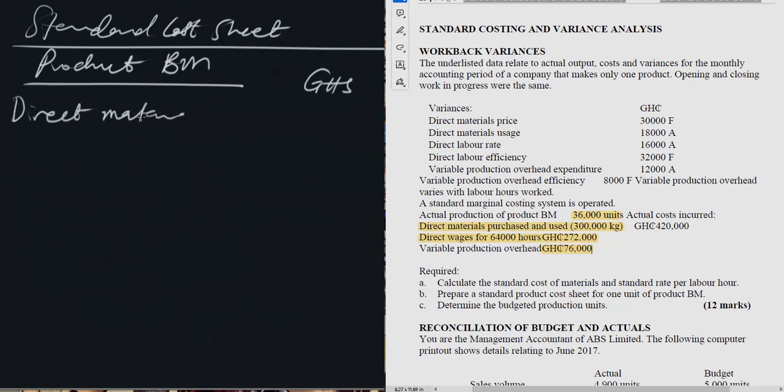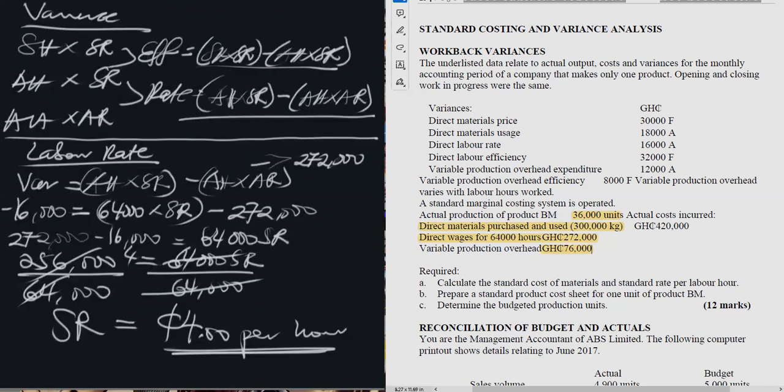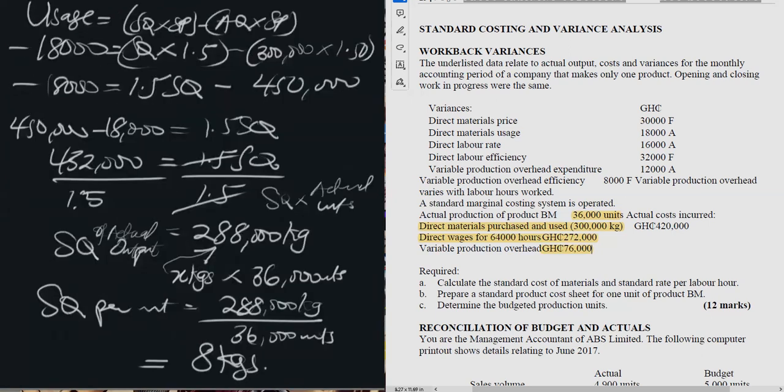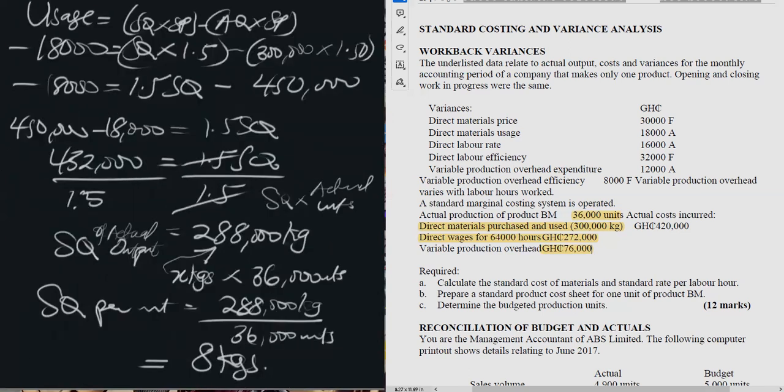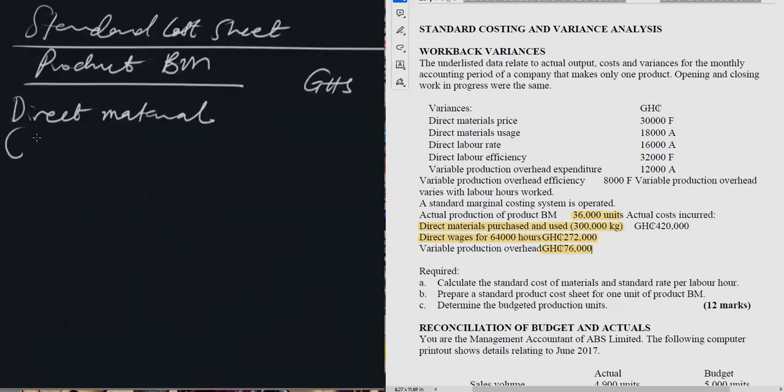We can start with direct material, okay? So direct material is 8 kg at 1 cedi 50 pesewas per kg, the standard price and the standard quantity. So 8 kgs at 1 cedi 50 pesewas per kg. Okay, so we have this. So we have 8 by 1.5. That gives us 12 cedis.